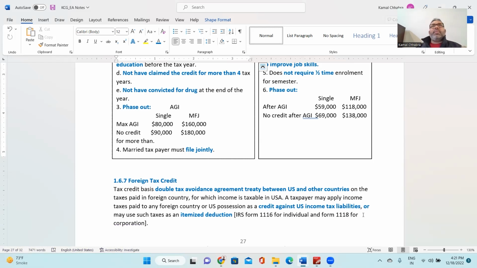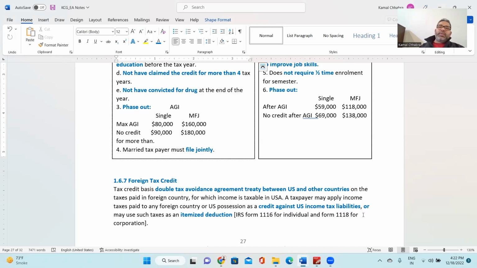If income is between 80,000 to 90,000, then you reduce proportionately. The proportionate rate was 25 cents per dollar of income, 2,500 divided by 10,000. For $5,000, it was 1250. That's how we reduced to 1250, right?